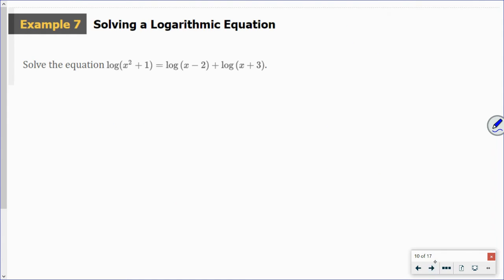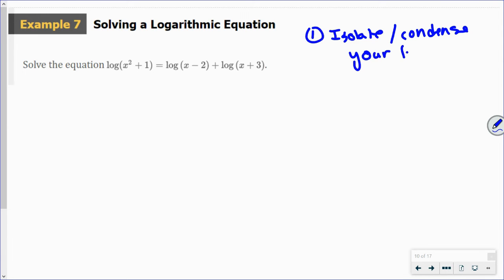Okay, so solving logarithms is pretty similar. Step 1 would be to isolate or condense your logs. If you have more, like here, we've got 2 logs on this side. We need to condense that, we need to combine those.